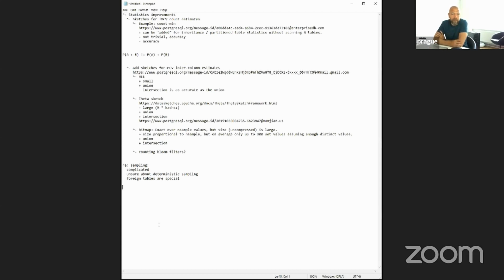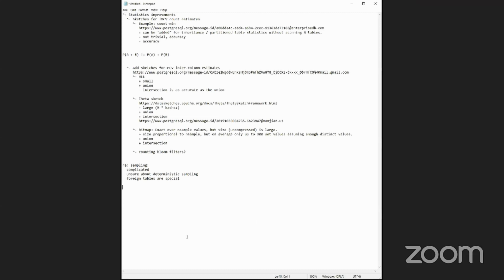You can combine them with AND and that's it, right? Wait, which way is lossy? I mean, if the same element is in both Bloom filters, it will have exactly the same bits set, right?